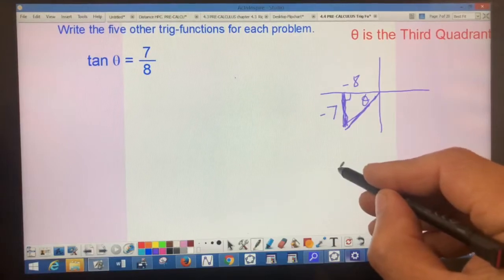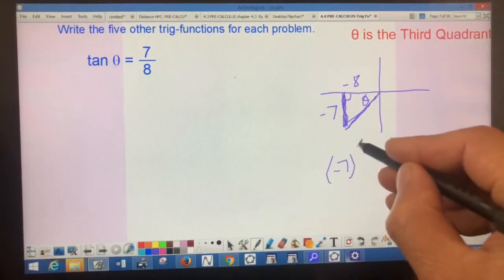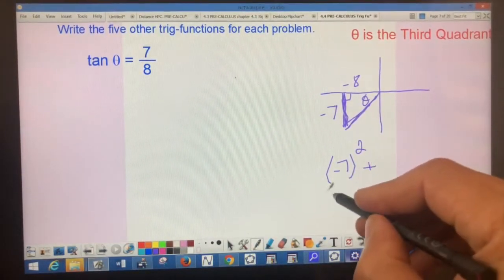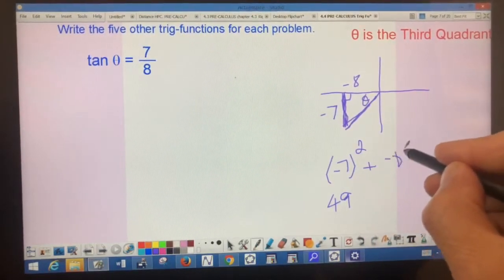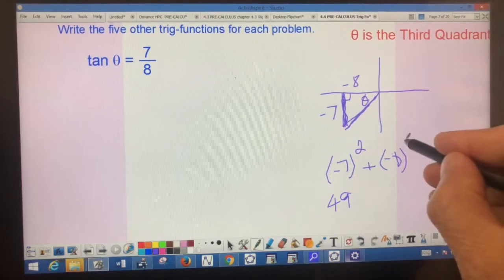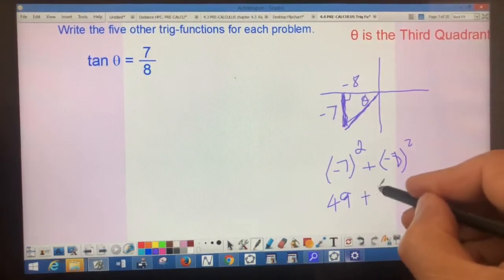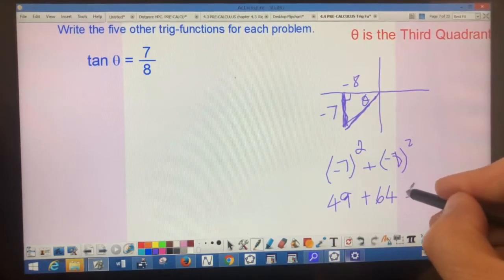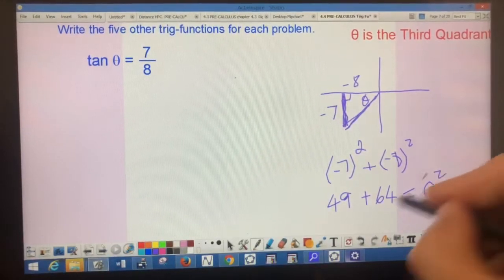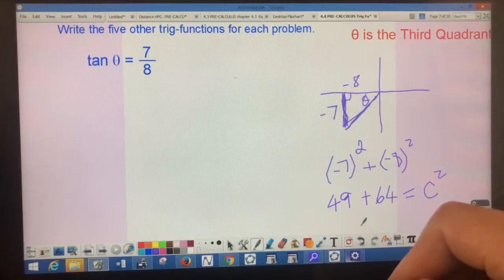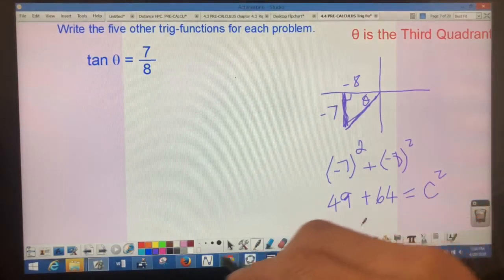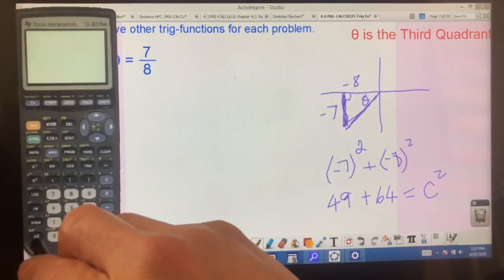So now you're going to go -7 squared, which is going to be positive 49. And then you got -8 squared. That's positive 64. And then that should equal c squared. So you add these 2 guys. Looks like 100 and something. 105.